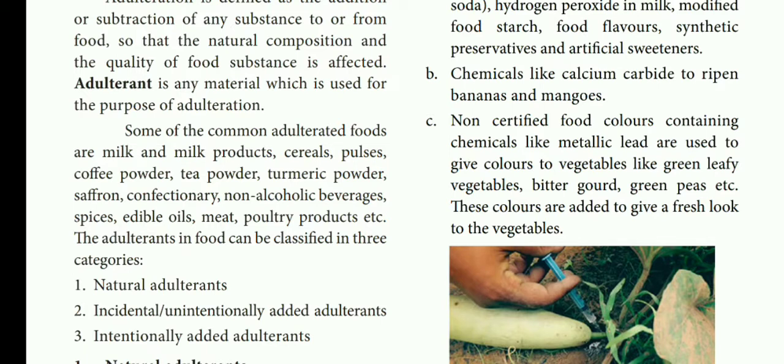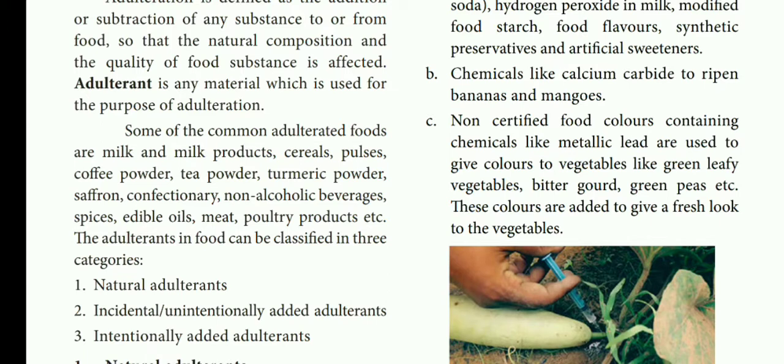Then the adulterants in food can be classified into three categories: the natural adulterant, the incidental or unintentionally added adulterant, and the intentionally added adulterant. We'll look at each of them separately, okay?